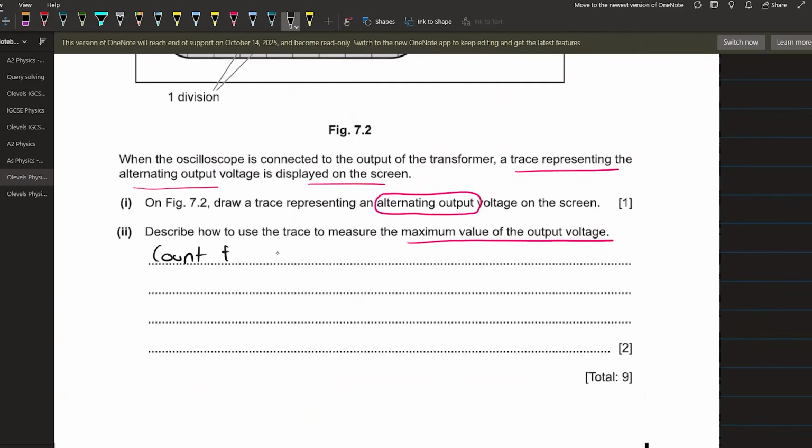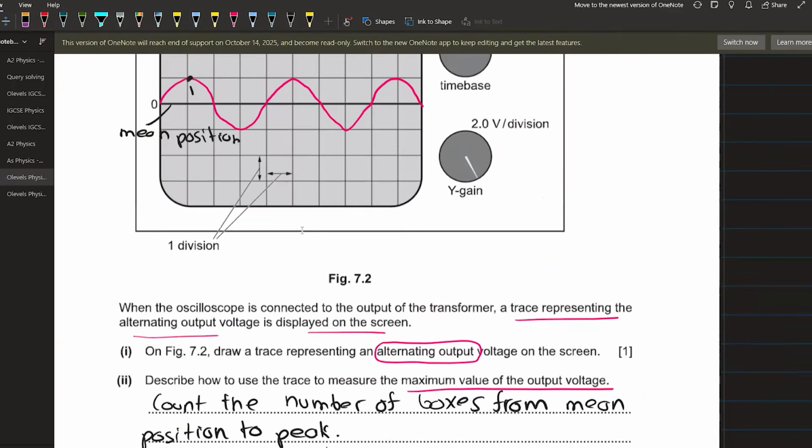Count the number of boxes from the mean position, middle line, whatever you want to say, to the peak. Multiply the number of boxes by what?